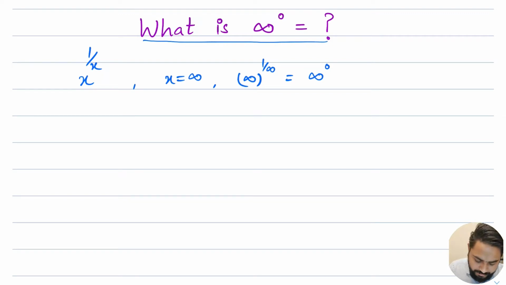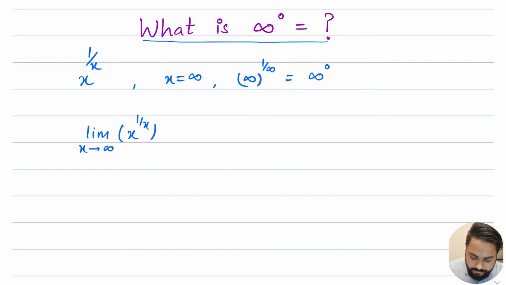So writing this as limit x tending to infinity of x to the power 1 by x. Now we are not putting the value x equal to infinity in the function, but we are taking the value of x towards infinity.